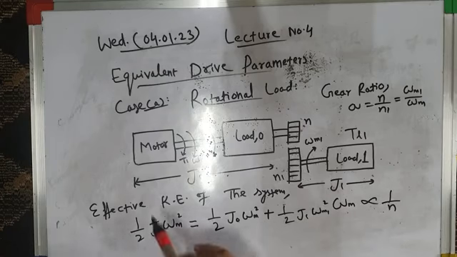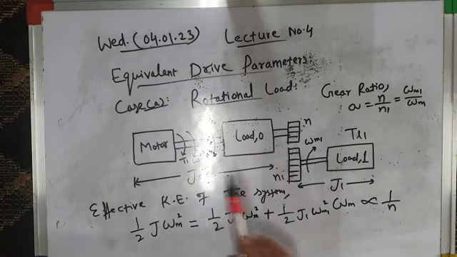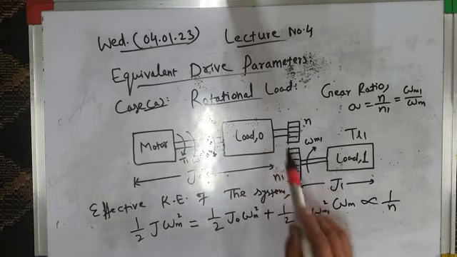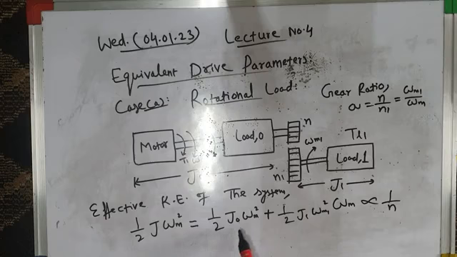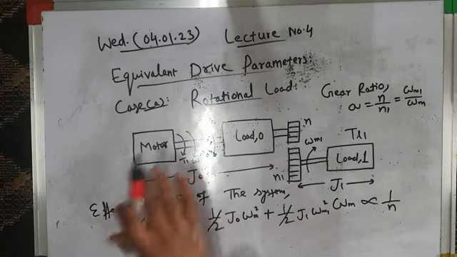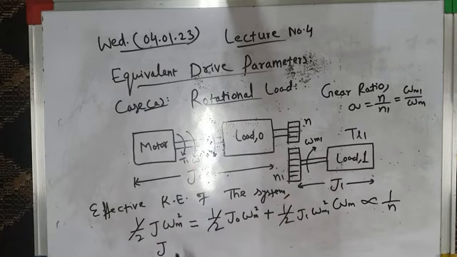So therefore total kinetic energy stored in the system is equal to kinetic energy stored in this system plus kinetic energy stored in this load: half of J0 omega m square plus half of J1 omega m1 square. This 1 by 2 cancels on both sides. So from this you can find the effective or total moment of inertia of the system. It is given by J naught into omega m square.